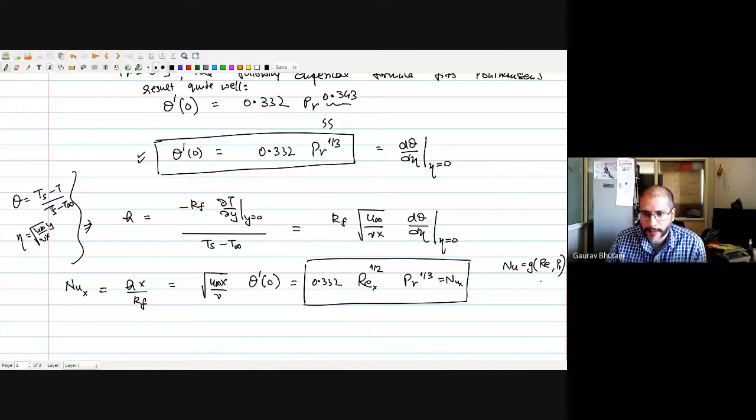So we can see that this local Nusselt number is again a function of our Reynolds number and Prandtl number. So we have indeed found the functional form for the Nusselt number as a function of Reynolds and Prandtl number. This is a local Nusselt number, and in many cases you would want the average Nusselt number, which is based on the h value for the whole length of the plate.